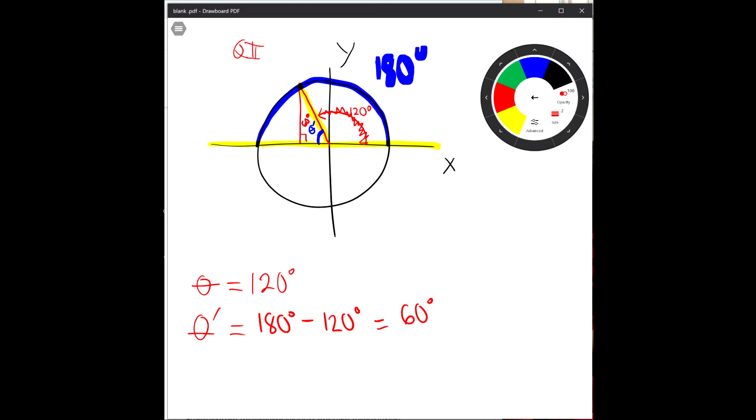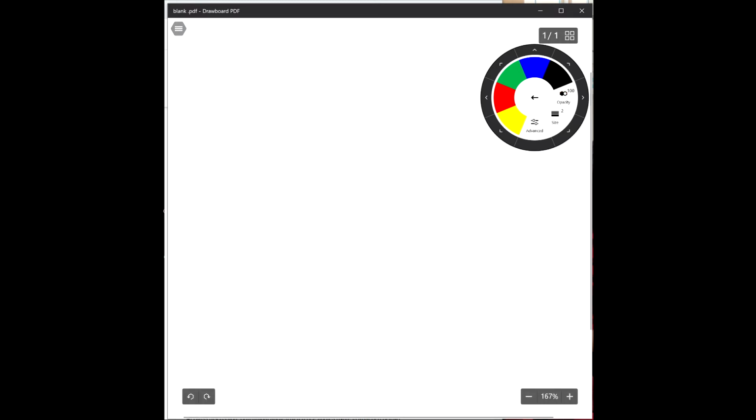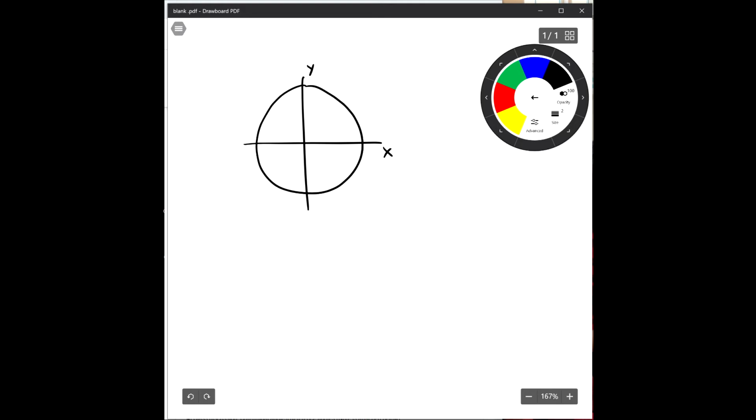Alright, now we move on to another example in quadrant number 3. Redraw the unit circle again, label y and the x-axis. Now let me give you an angle in quadrant number 3, the third quadrant.